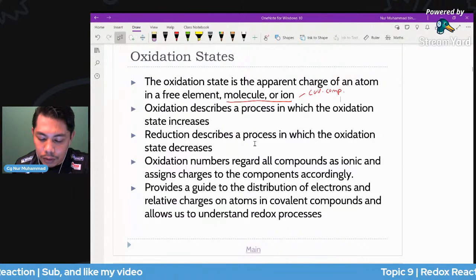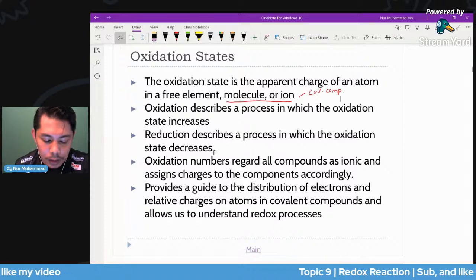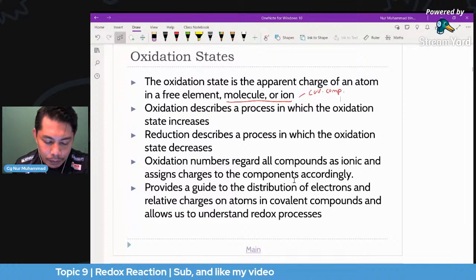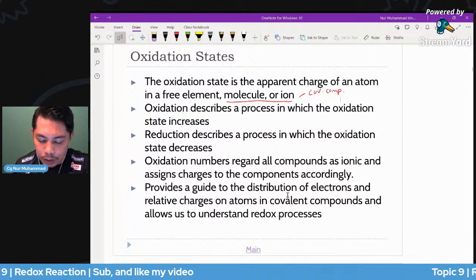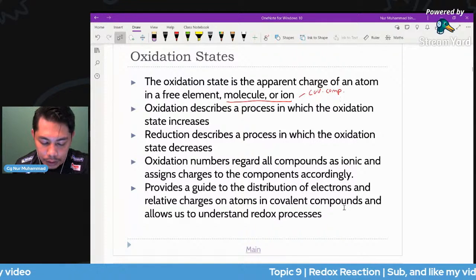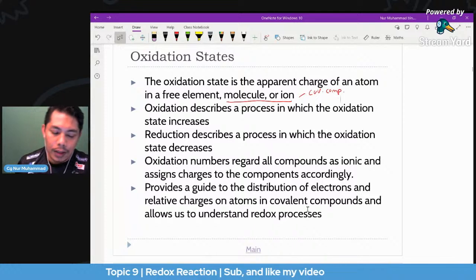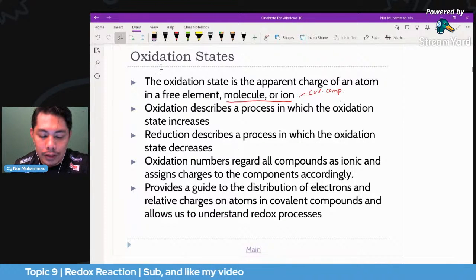Reduction describe if the oxidation state decrease. Oxidation number regard all compounds as ionic and assign charge to the component accordingly. Provide a guide to the distribution of electron and relative charge of atom in covalent compound and allow us to understand the redox process.